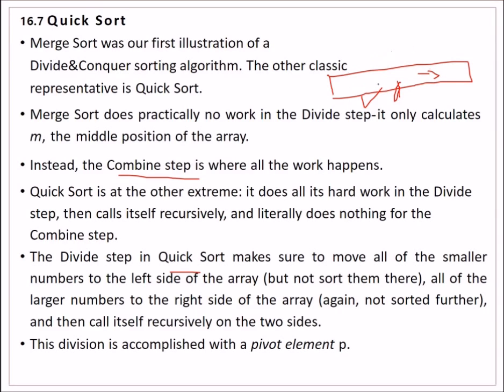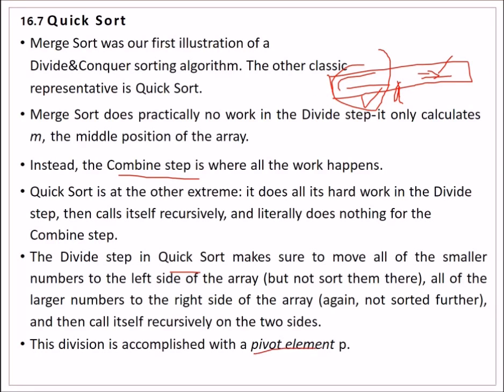I'm not saying that these two groups are sorted by themselves. They may not be sorted, but the members on the left should always be less than this pivot value, and the values on the right side should be greater than this pivot value.